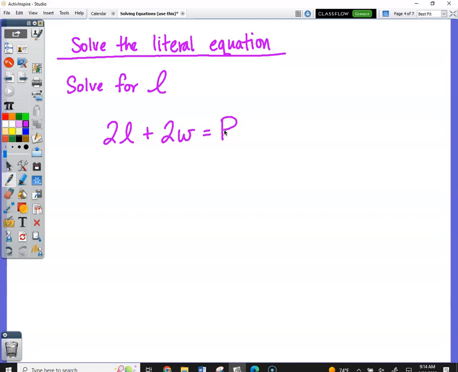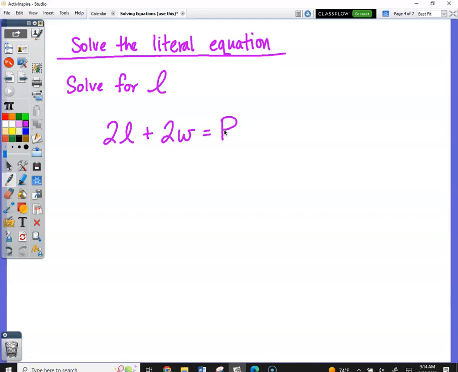Because the only equations we've had so far were multi-step and quadratics, and those all involved x. Now we've got L, W, and P. By the way, do you recognize this formula? What? Perimeter. Who said that? Yes, it is the perimeter formula for a rectangle, because you have 2 lengths and 2 widths.